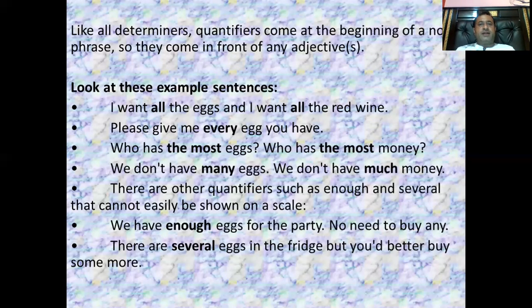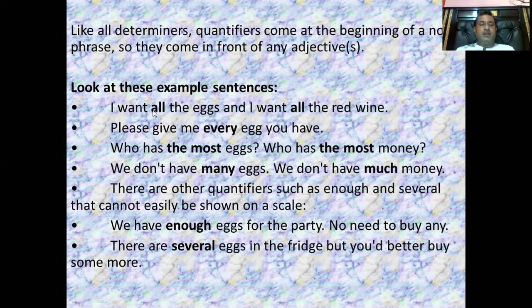Like all determiners, quantifiers come at the beginning of a noun phrase. They also come in front of any adjective or adjectives if being used there. Let's look at some examples. I want all the eggs and I want all the red wine.